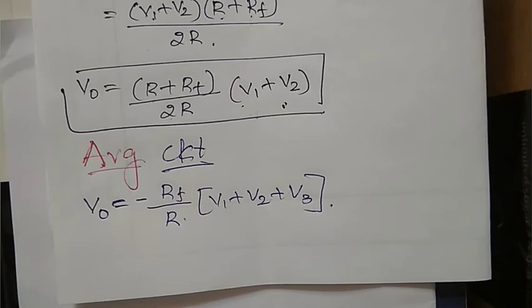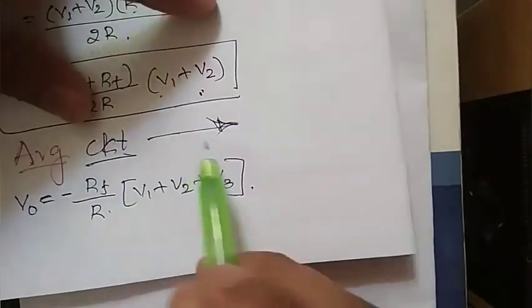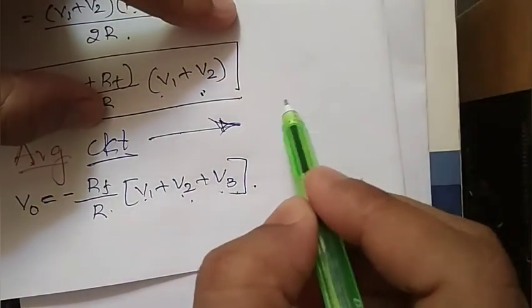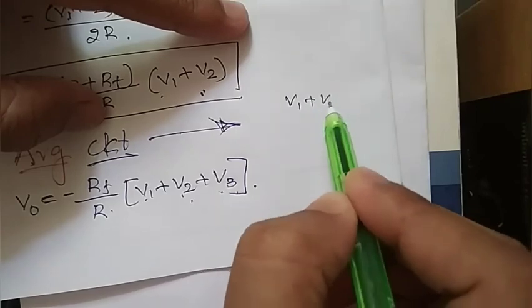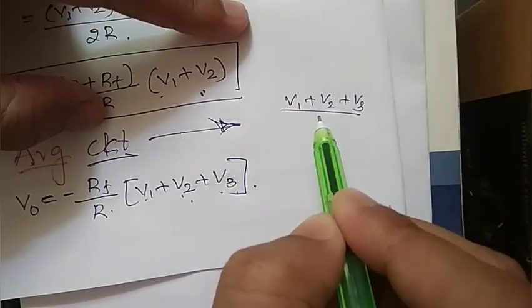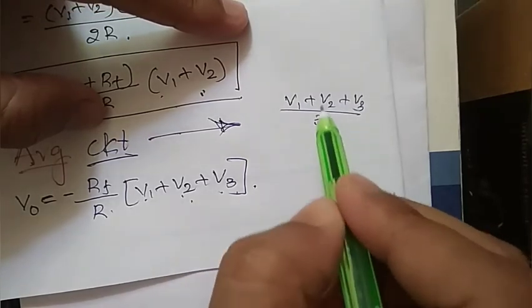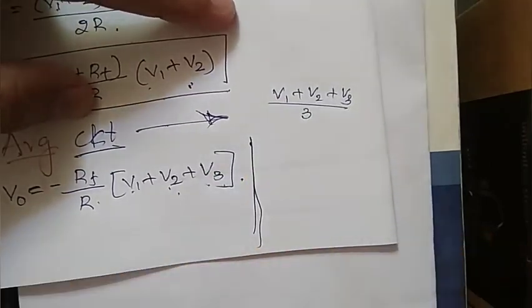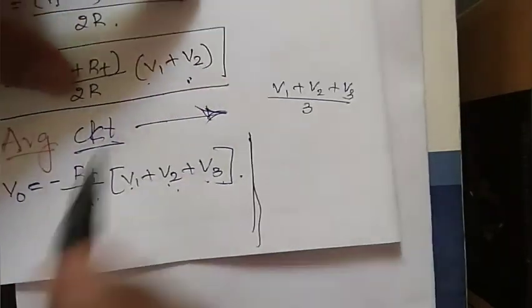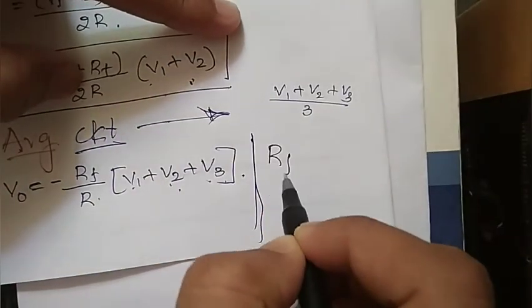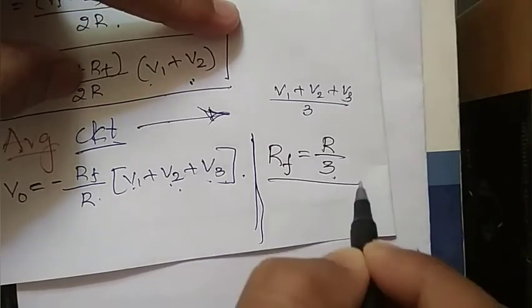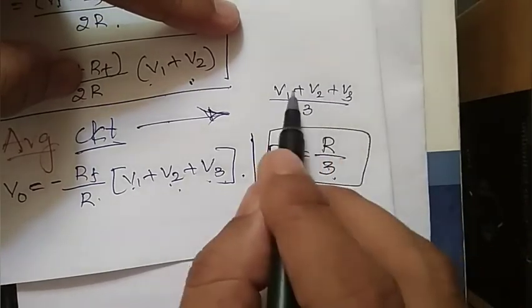Now you have to choose for the average. Average means what? We have three inputs. To make it an average, we have to add these three values and divide it by 3, the number of inputs. Now just simplified, you have to choose your resistance like that: RF equals R divided by 3, because 3 indicates the number of inputs.